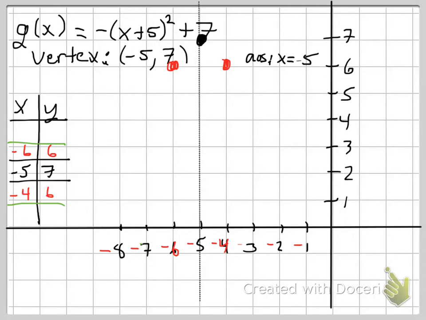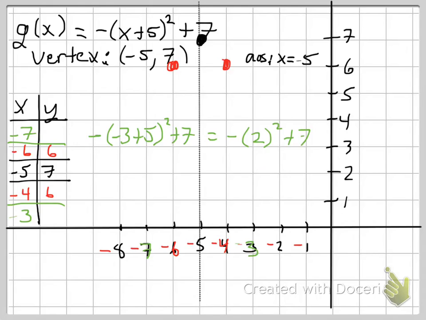All right, and this time we'll plug in negative 7 and negative 3, and we'll do negative 3. So negative (negative 3 plus 5) quantity squared, plus 7. So it equals negative, and then it's going to be 2 squared, plus 7.